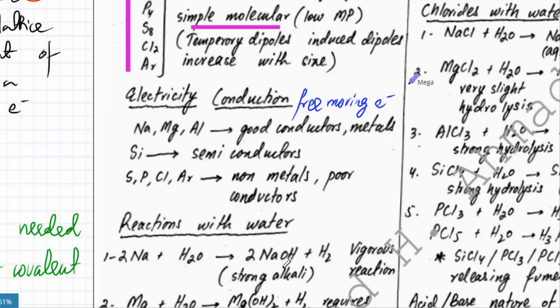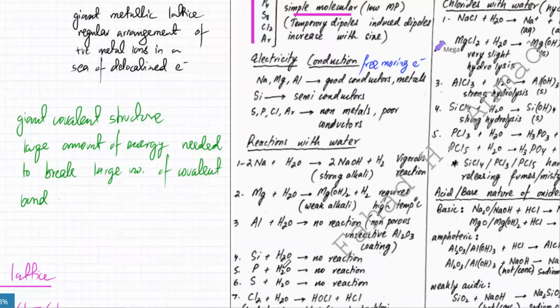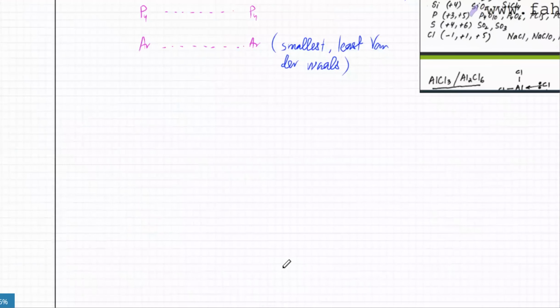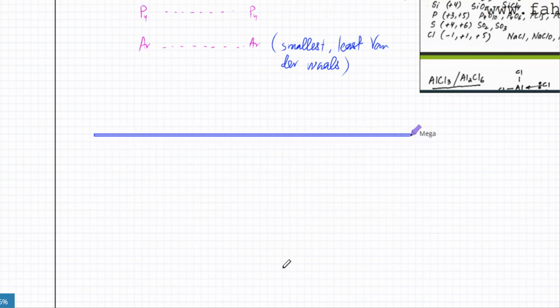Sir, how can you make silicon a conductor? So Smritha, when you talk about conduction, what happens to the electronegativity of the atom when you move across the period? It increases. So the left side, that's your metals. Metals like to lose electrons, so they have delocalized electrons because they lose electrons very easily.